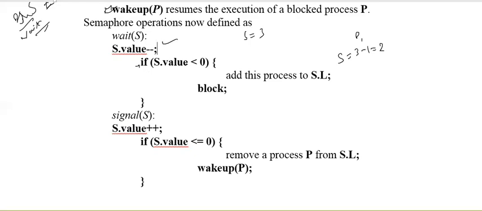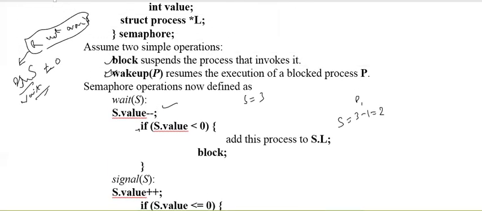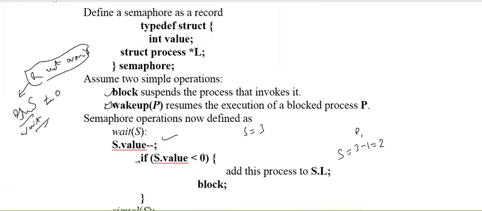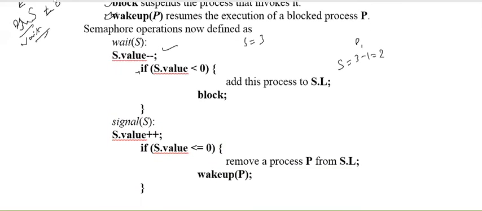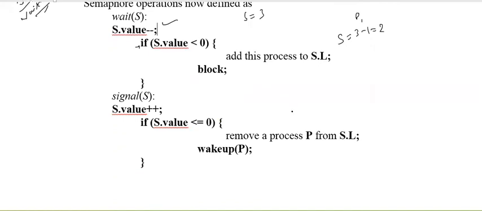If s dot value, we had earlier used one structure to define that semaphore s. Here I have used the short form s, which has a value and one list. So let's pick here: if s dot value is less than 0.